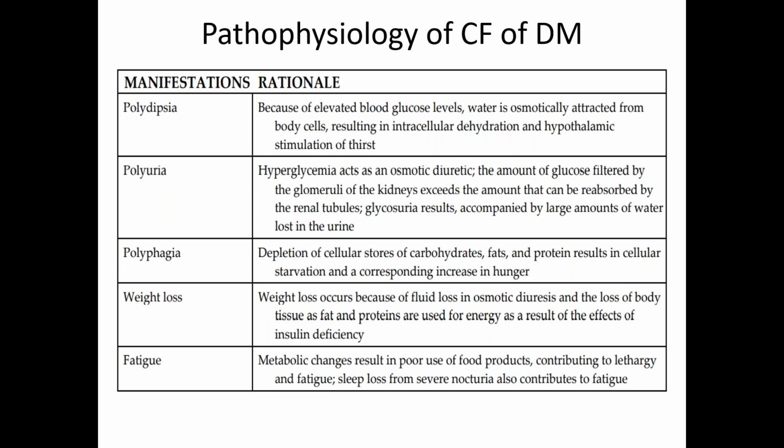So that leads to weight loss. In spite of increased hunger and eating, the patient develops weight loss. This is a paradoxical situation. In this situation, we should always suspect diabetes mellitus: increased hunger, weight loss and weakness.